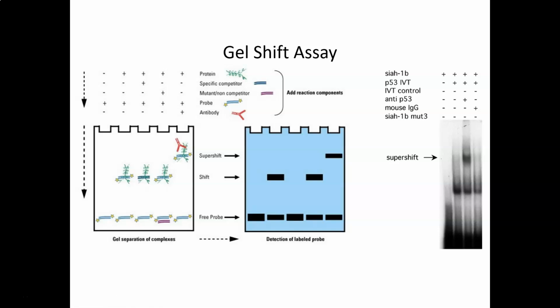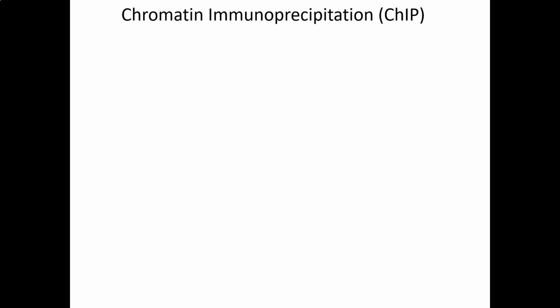Very powerful, right? We can conclusively prove that a protein of interest binds to a specific DNA sequence with specificity, but it's all in vitro. It's all artificial. It's outside of the physiological context of the cell. Just because a protein can bind a sequence in a test tube doesn't necessarily mean that protein binds to that sequence in a living cell.